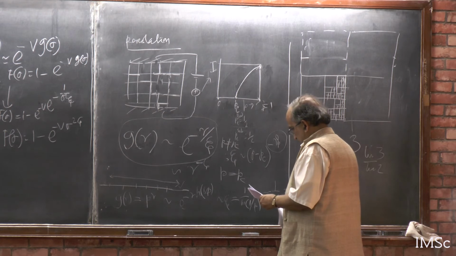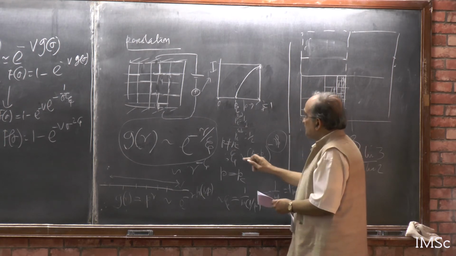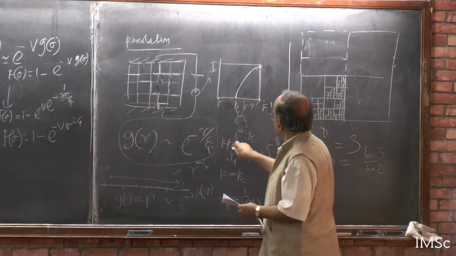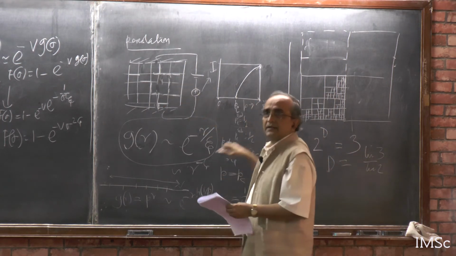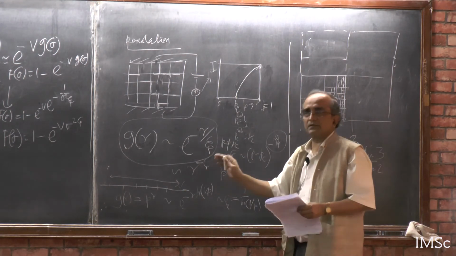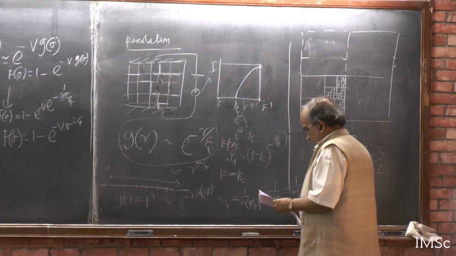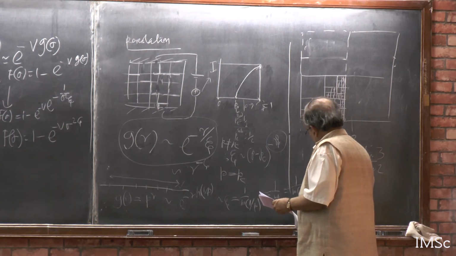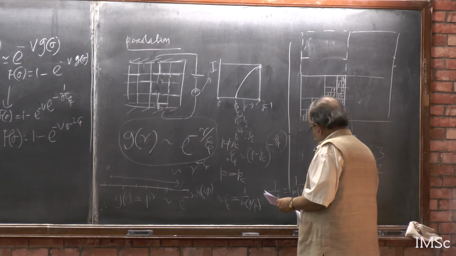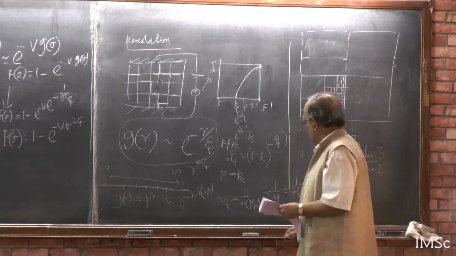Since PC has to be 1, PC means that there is a connection from one end to another, so PC must be 1 in one dimension. All bonds must be present. So that is 1 upon minus log of (1 minus (PC minus p)), but this is exact. I am not doing any approximation anywhere.